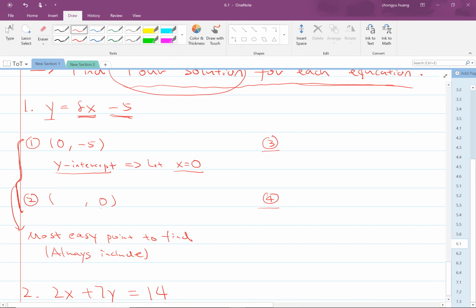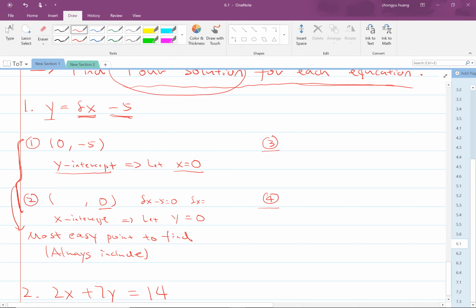And the second point over here is the x-intercept. For the x-intercept, you let y equal to 0. So here, letting y equal to 0, we have 8x minus 5 equal to 0.